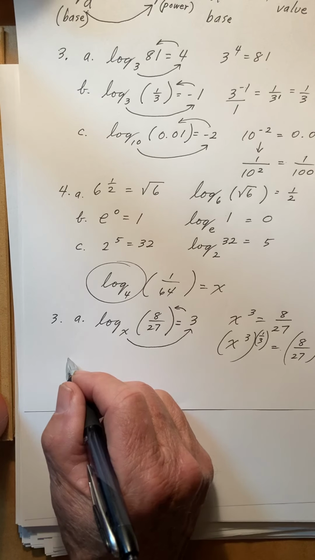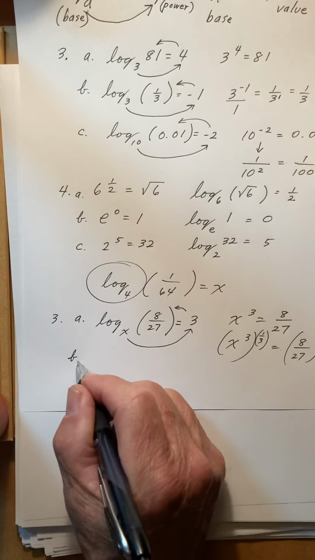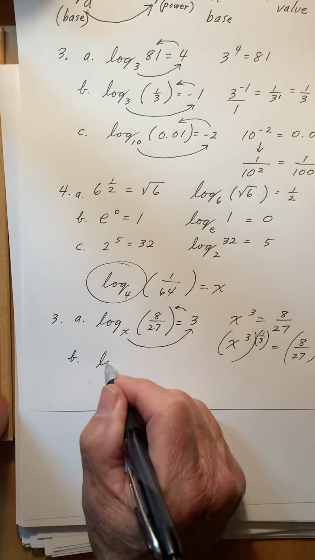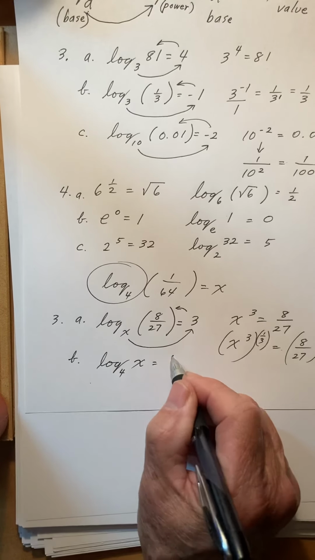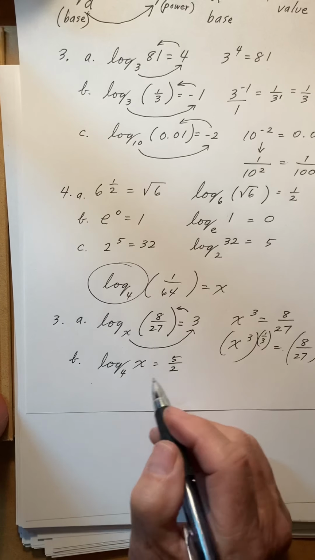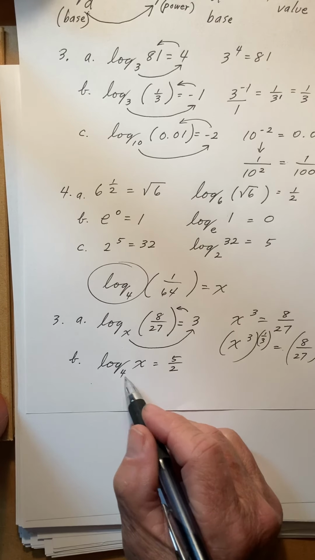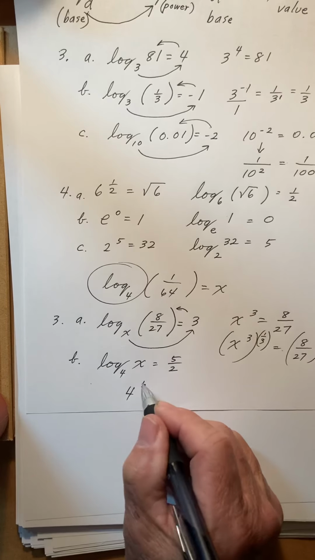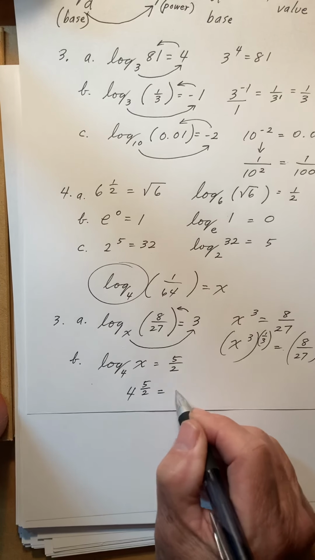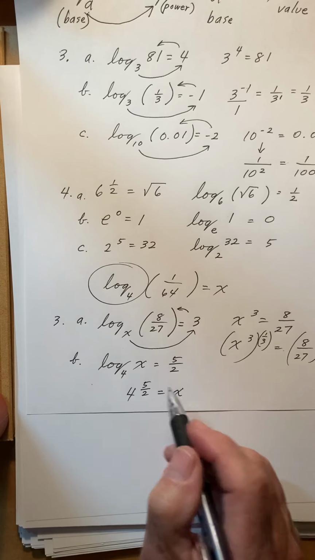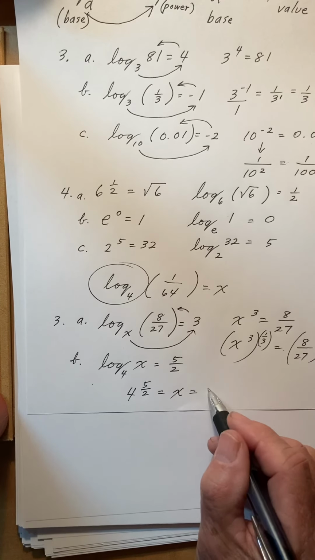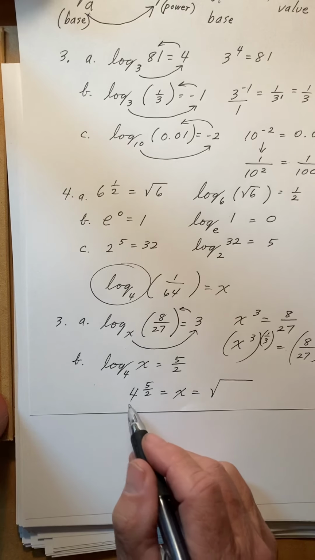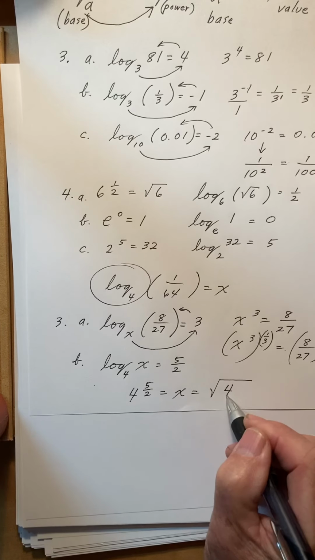The second example is log base 4 of x equals 5 over 2. So we're going to change it to exponential. 4 to the 5/2 power is equal to x. Now, we can change this into radical form. 4 is the base, we put that inside.